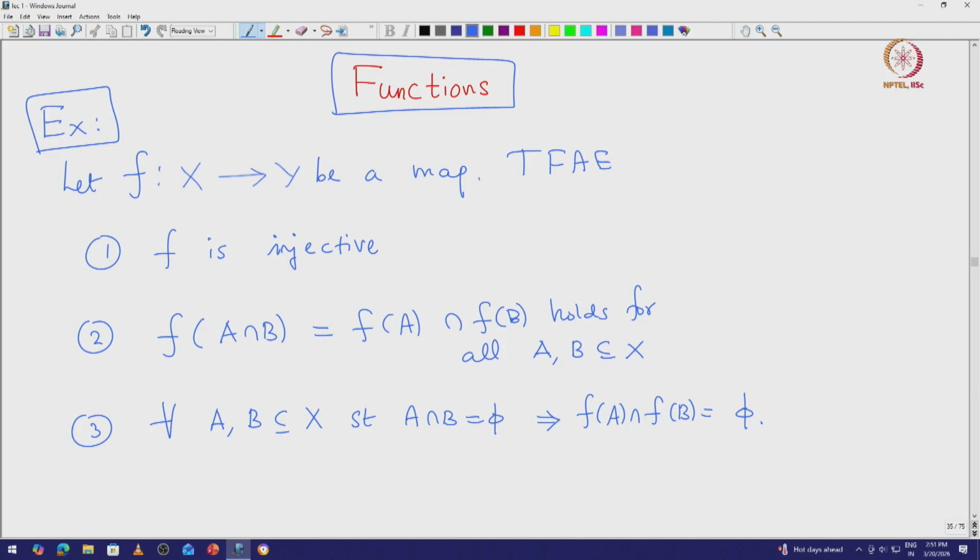Like this we can come up with many characterizations. I guess I have already proved that 1 and 2 are equivalent. I am leaving you to check that 2 and 3 are equivalent.